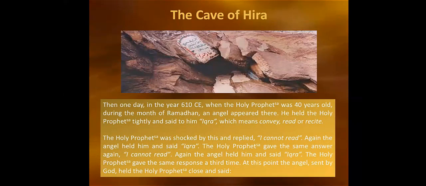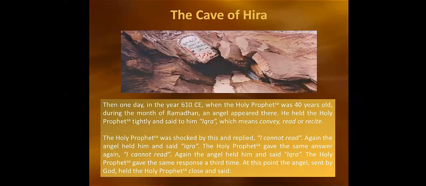Then, one day in the year 610 CE, when the Holy Prophet ﷺ was 40 years old, during the month of Ramadan, an angel appeared there. He held the Holy Prophet ﷺ tightly and said to him, "Iqra," which means convey, read, or recite.